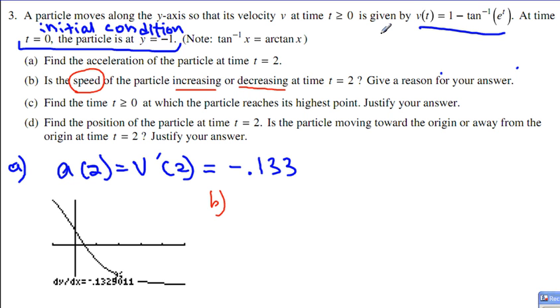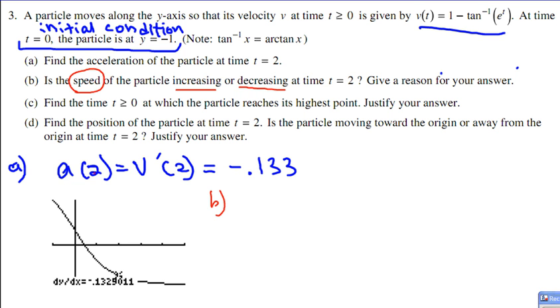If velocity and acceleration have the same sign, then it's like an acceleration associated with force, like pushing the object in the same direction. So when acceleration and velocity have the same sign, it will speed up. But if they have different directions, meaning different signs, then speed will decrease. It will slow down. Now, we know the acceleration was negative 0.133.